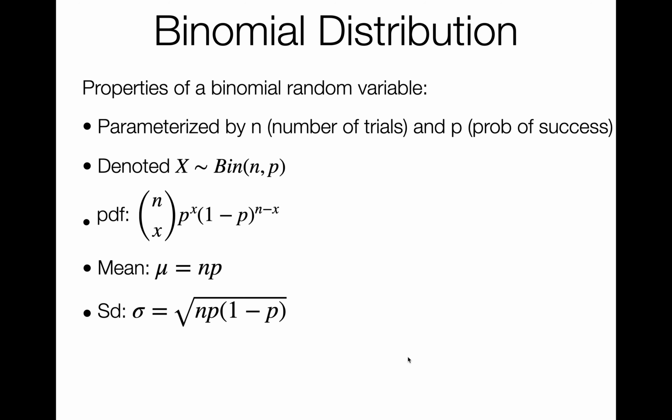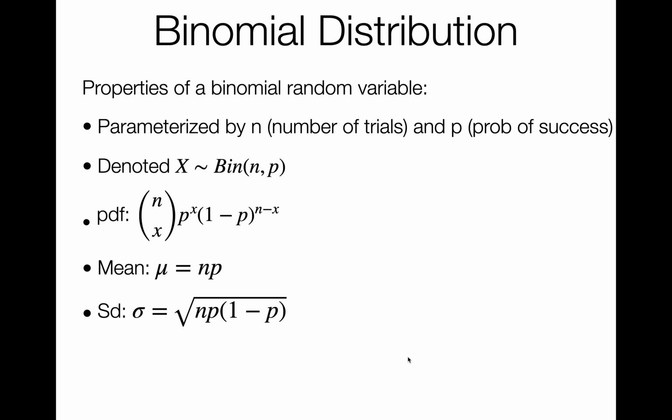P raised to the x power is the probability of success raised to the number of successes that you're going to have. So if I expect 5 successes, and it's a coin flip, so p would be 0.5, that's 0.5 raised to the 5th power. And then the second part, 1 minus p to the n minus x. 1 minus p is the probability of failure. If p is the probability of success, there are only 2 possible things, so everything else must go with failure.